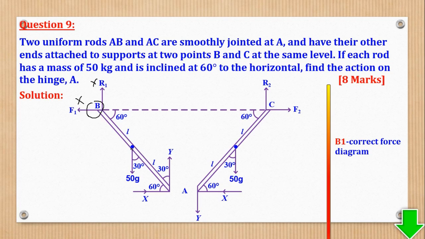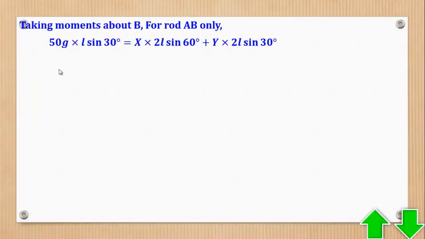So the 50g, it's not grams, it is 50g Newton. The moment starts at this point, which is a distance L from the pivot, and the angle is 30 degrees. Therefore, the moment will be 50g times L sine 30.